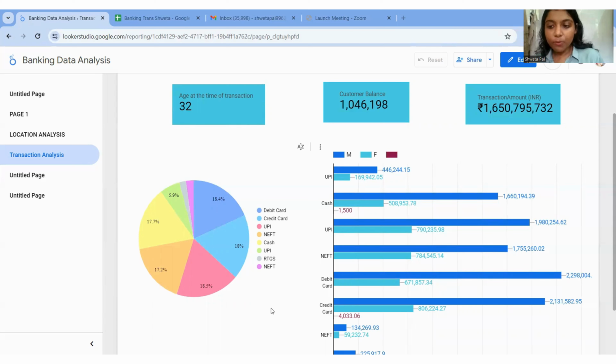Although UPI is popular, a lot of customers might still prefer debit cards for a huge amount of transactions, followed by cash transactions. Cash still holds a notable share, given that certain segments of users prefer cash for specific types of transactions or in areas where digital payment infrastructure is less developed.